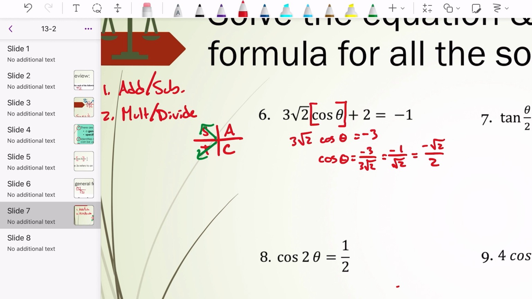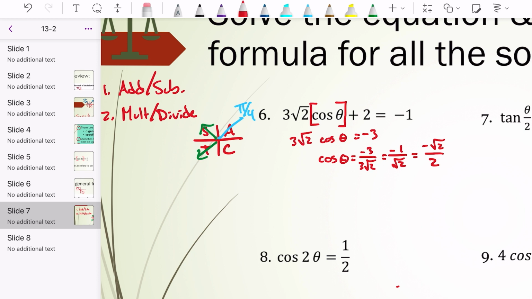We go to negative square root of 2 over 2, and that would be pi over 4, which means that we would go ahead and write our equations out. So if we have it in the first quadrant, this would be pi over 4. We then have to move it into the second and third quadrants.